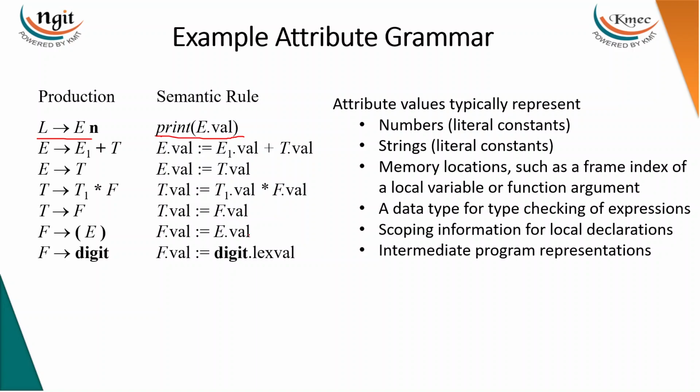So here we are defining value, lex value, or we can take e dot type, e dot location, or e dot scope, whatever it is. They are just the description about the symbols. So it can be numbers, strings, memory locations, indexes, data type, scoping information, intermediate representation, whatever I just discussed.